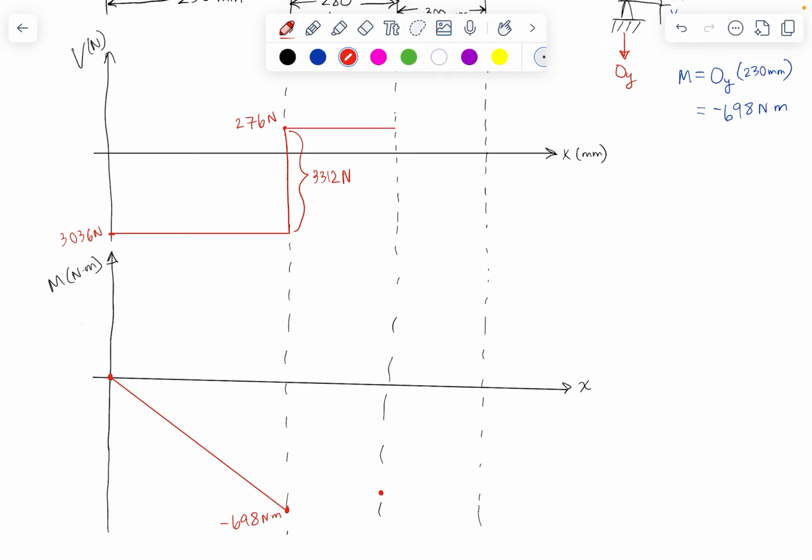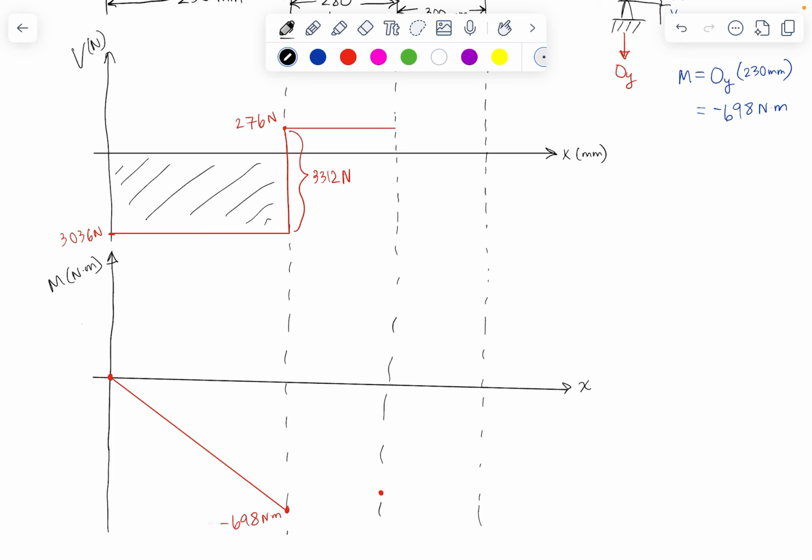So the area here, this was 3,036 times the distance, 230 millimeters, and negative because it's below the x-axis.